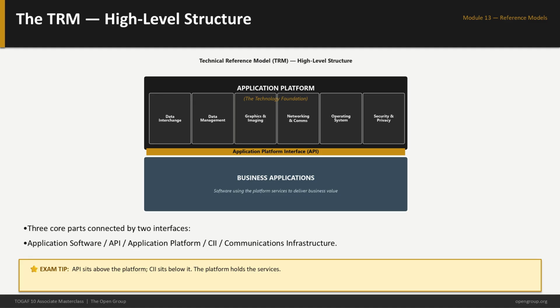Below the platform is the communications infrastructure interface, the CII. And at the bottom is the communications infrastructure. So the order, top to bottom, is software, API, platform, CII, communications infrastructure. The exam-relevant detail to nail is the position of the two interfaces. The API sits above the platform, and the CII sits below it. The platform, sandwiched in the middle, is where the services live.